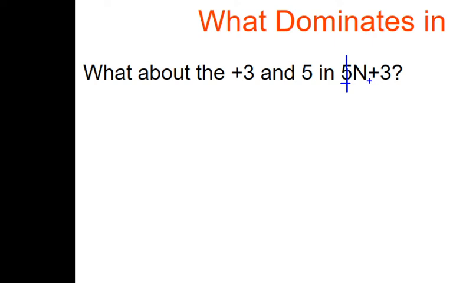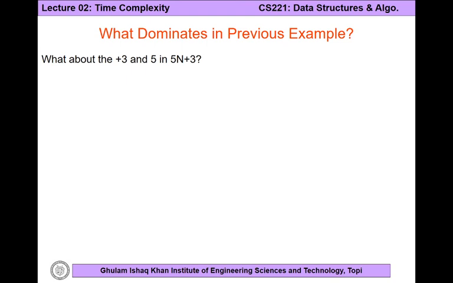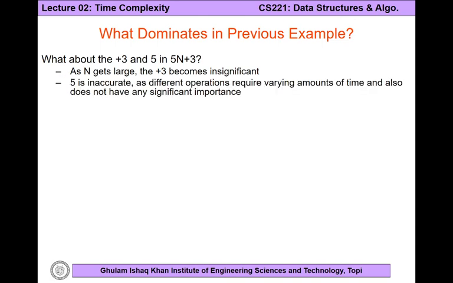And again, as I told you previously, this plus 3 is insignificant. So what remains with us is this n, and this n tells us about the big picture of the algorithm, what will be the behavior of this algorithm, right?